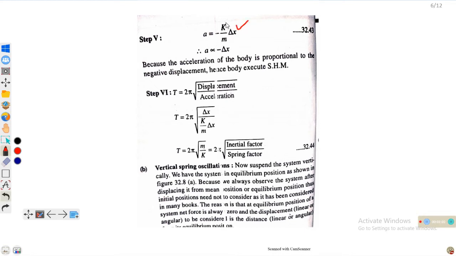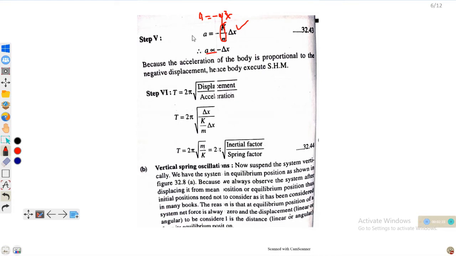This is some type of constant. If we compare this equation with the general equation of simple harmonic motion, acceleration equals minus omega square x, then omega square is equal to k over m, and acceleration is directly proportional to displacement. This is the definition of simple harmonic motion.